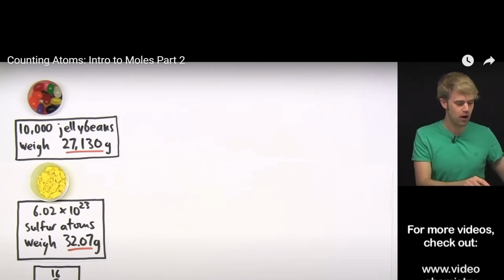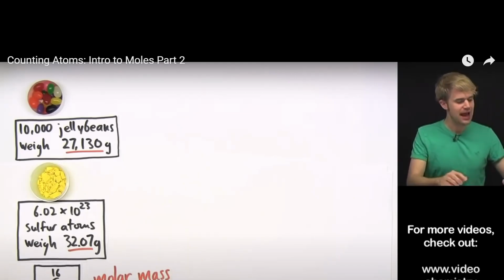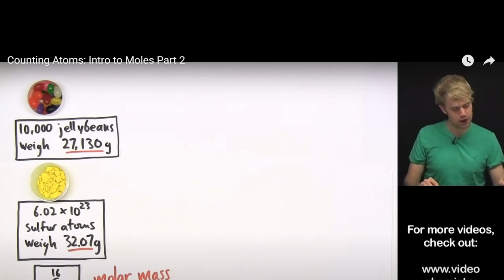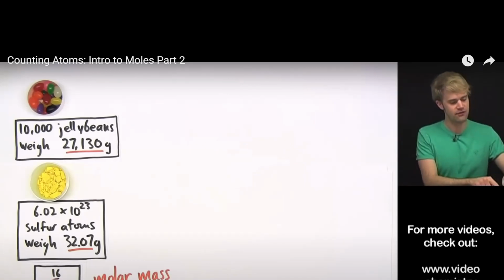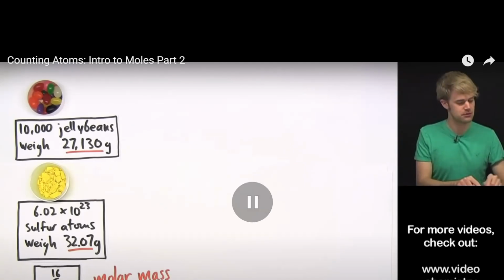This is what we call the molar mass. This number tells us how much 1 mole of this element weighs in grams. So that number at the bottom of each square is the average atomic mass, but we also can refer to it as the molar mass.